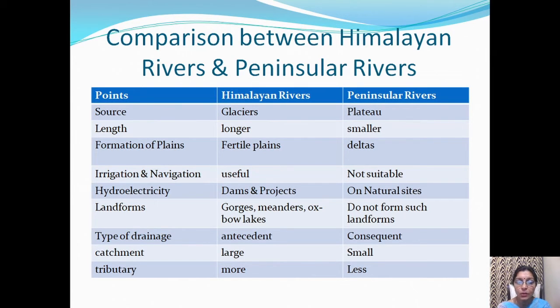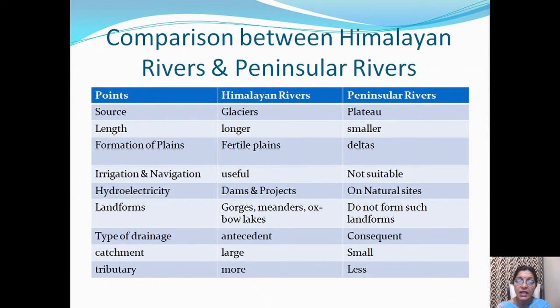Himalayan rivers form plains. Indus, Ganga and Brahmaputra interact to form the northern plains of India, which are quite fertile. Peninsular rivers make few deltas.